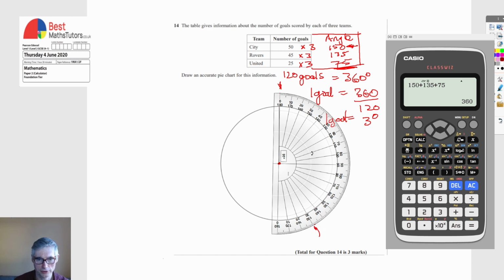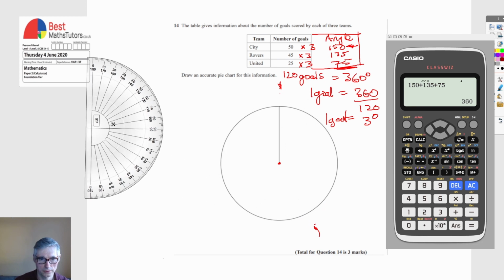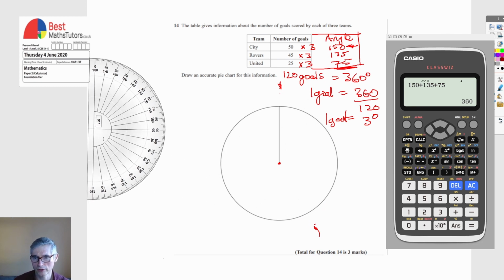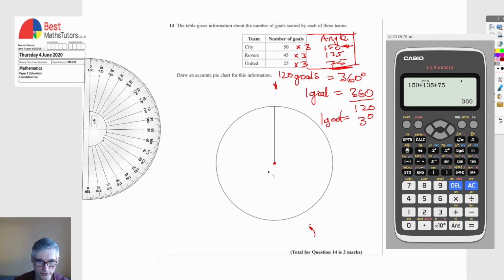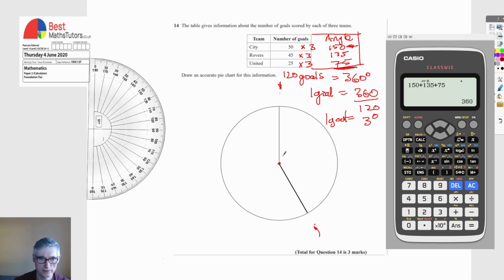So I'm going to move my protractor away now, and I'm just going to draw a straight line from the center to where that mark is. There we go. So that's in line with the mark. And what that means is that this angle here, if I've measured it correctly, should be 150 degrees.